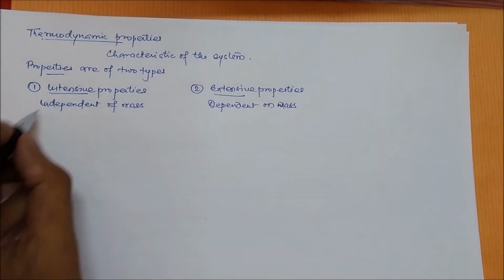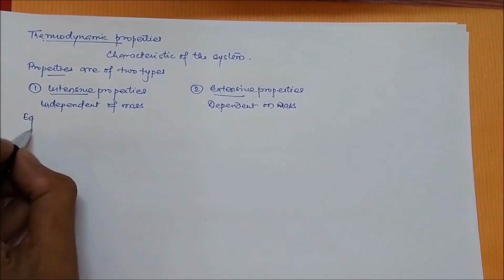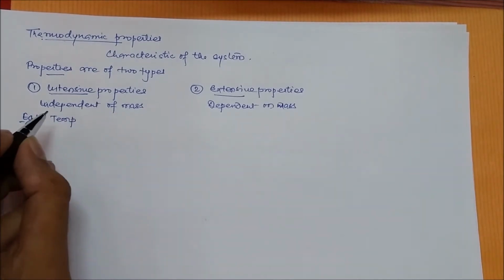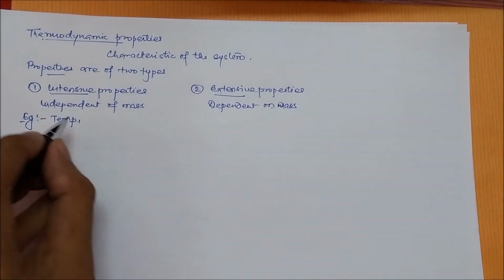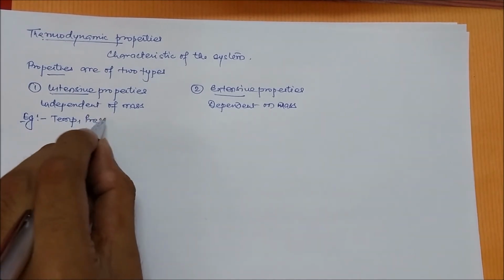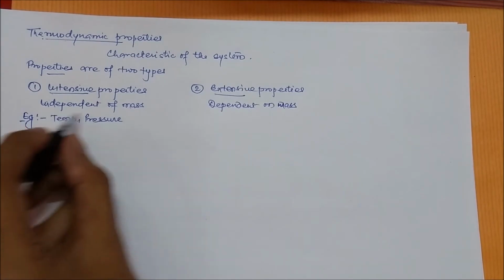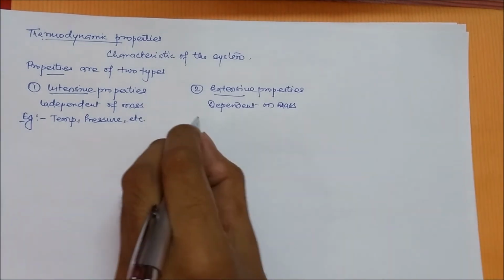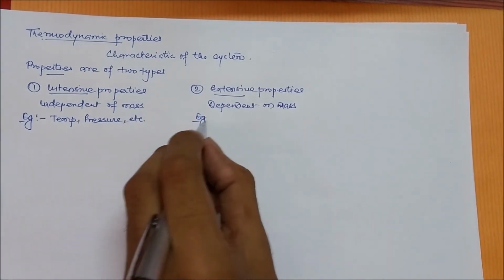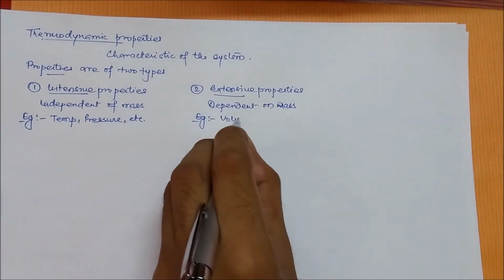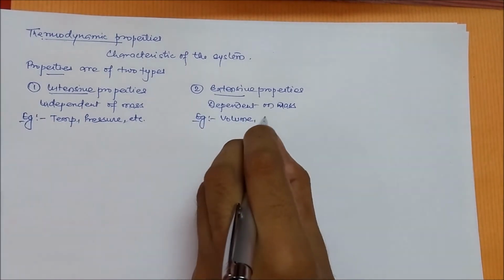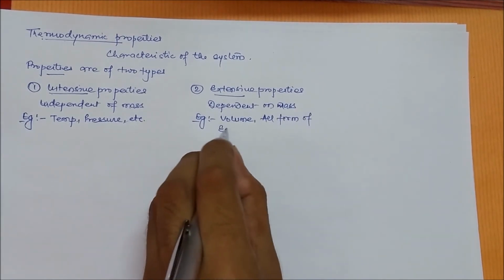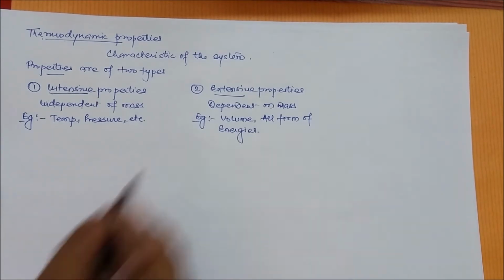Examples of intensive property are temperature, pressure, etc. Examples of extensive properties are volume, all forms of energies, right?